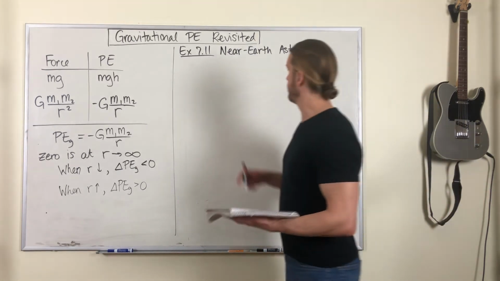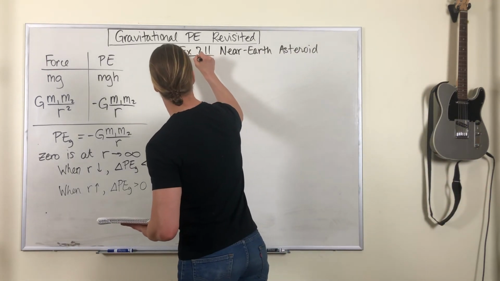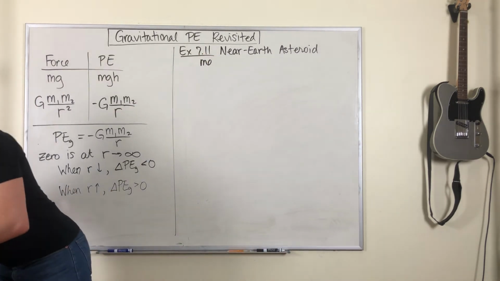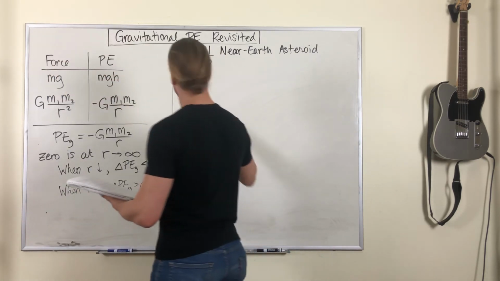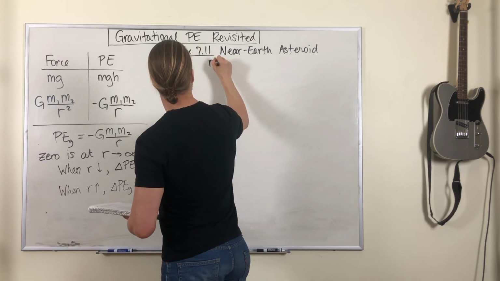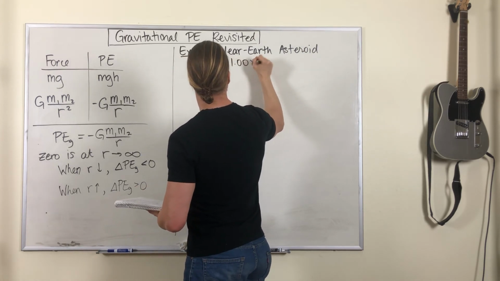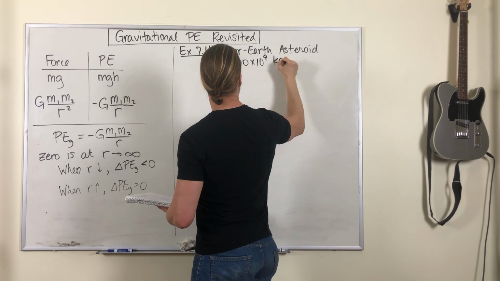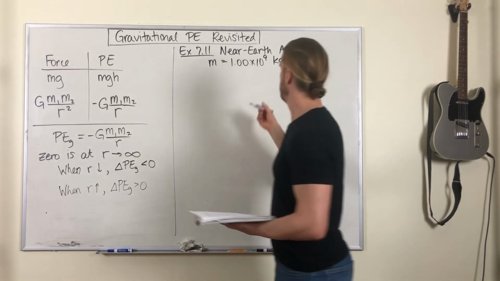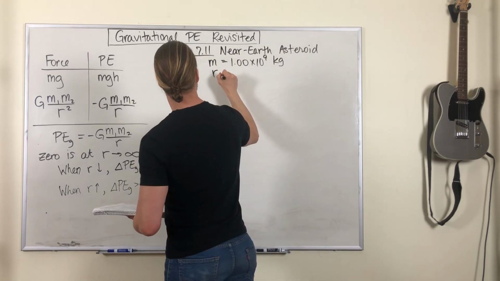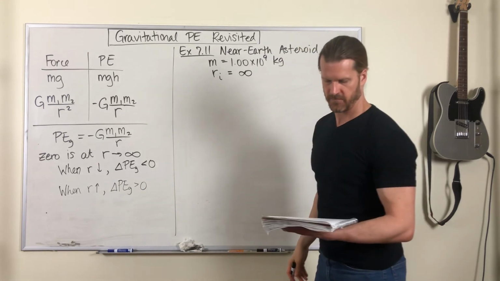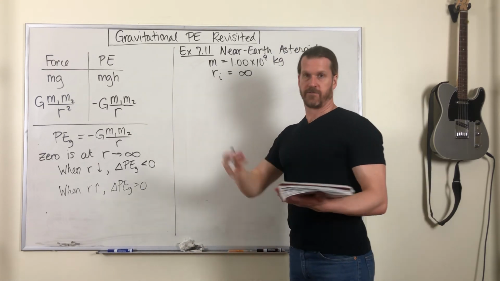So let's say that we have an asteroid of mass 10 to the 9 kilograms. And it comes from very far away, meaning its initial distance is infinity. And it falls toward the Earth.